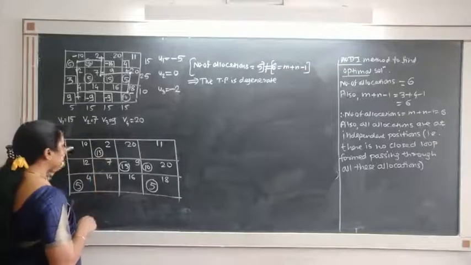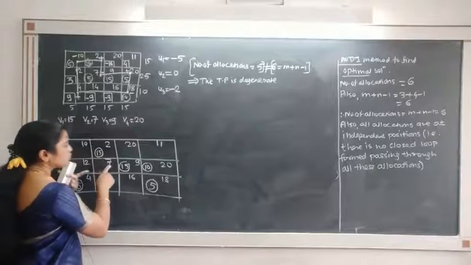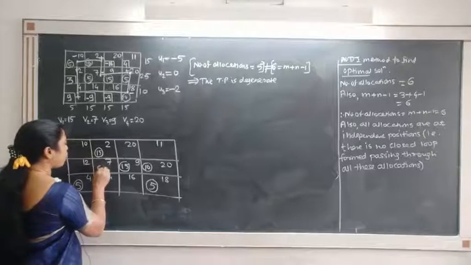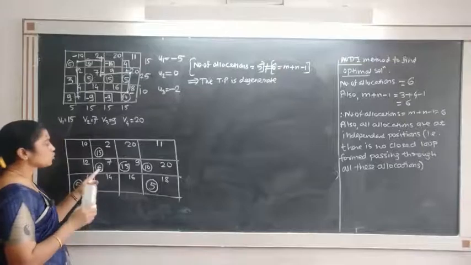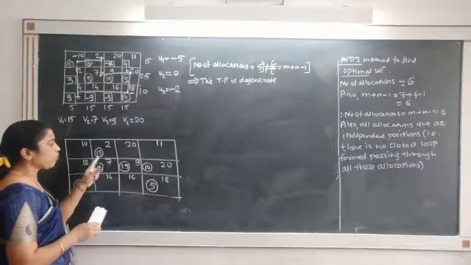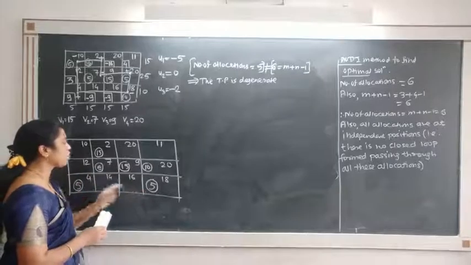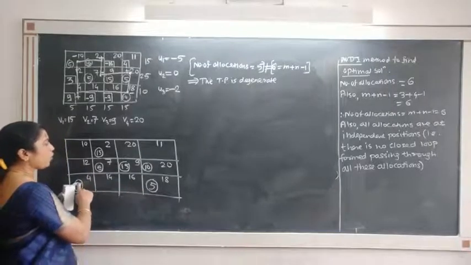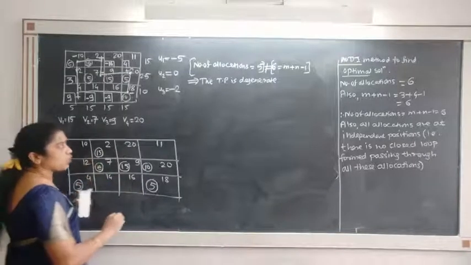In the unoccupied cells, the smallest cost is 7. So to this 7, suppose we assign some value epsilon. It should be such that there is no closed loop forming with all these allocations. Observe that all these allocations are at independent positions. That is, you are not able to form any closed loop passing through all these allocations.